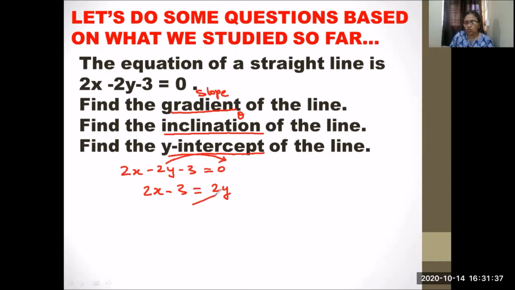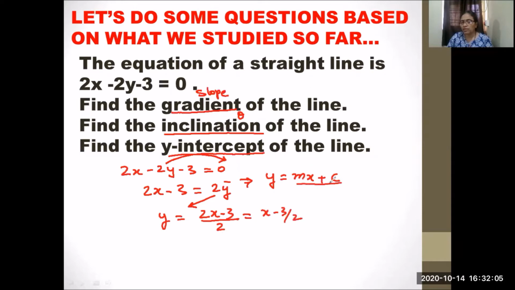Send 2 to the left hand side, keep only y here. We have to compare this equation with y is equal to mx plus c to get all these three things. So it will be y is equal to 2x minus 3 divided by 2, which can also be written as x minus 3 by 2.